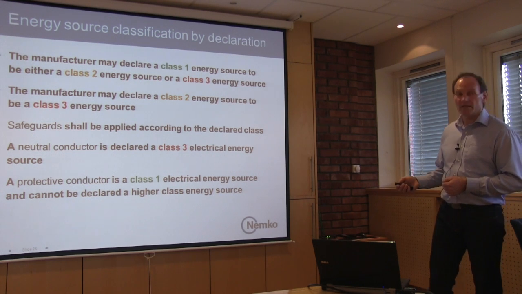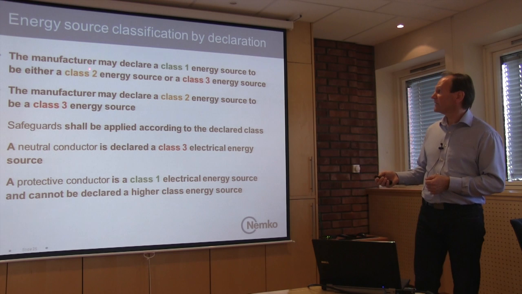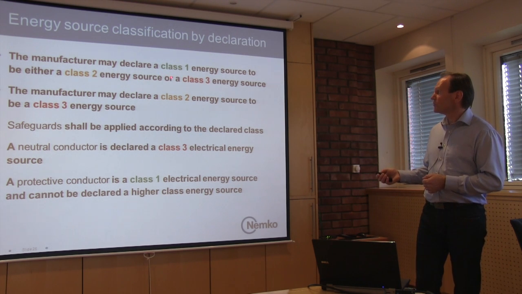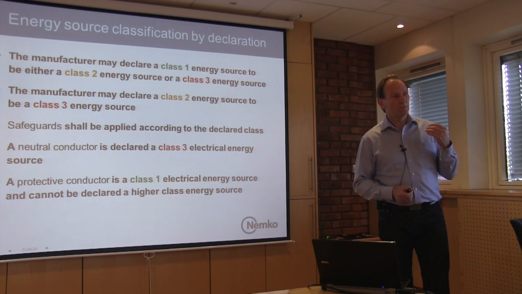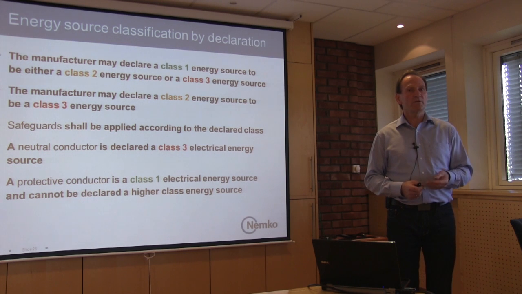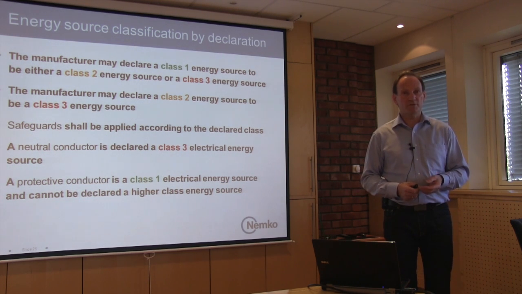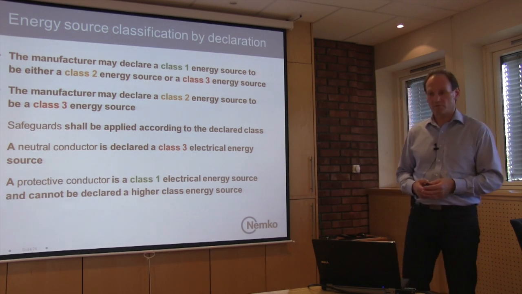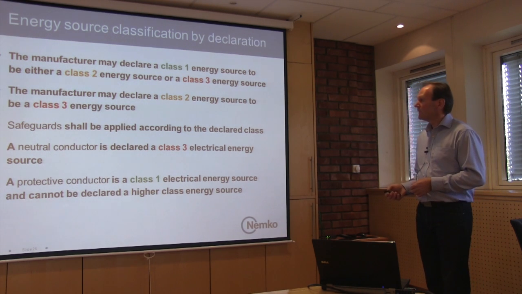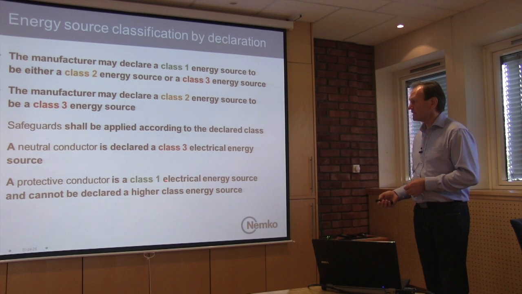We as a test house cannot go in and declare an energy source higher than the real energy source, and then put more stringent requirements on the product and the manufacturer. That's not our possibility. We have to measure. A neutral conductor is declared as class 3, of course, but the protective conductor is class 1 and cannot be declared higher.